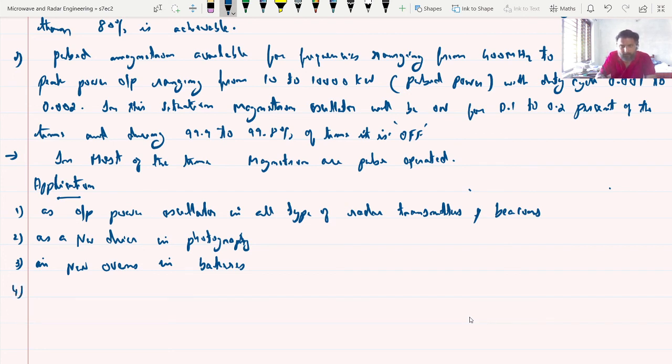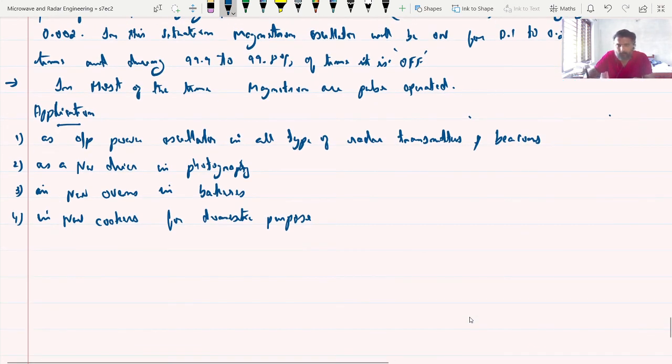The fourth one is in microwave cookers for domestic purpose, to cook food within a few minutes.